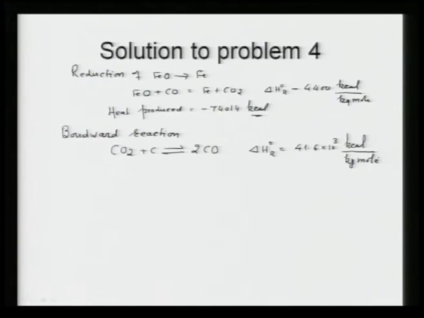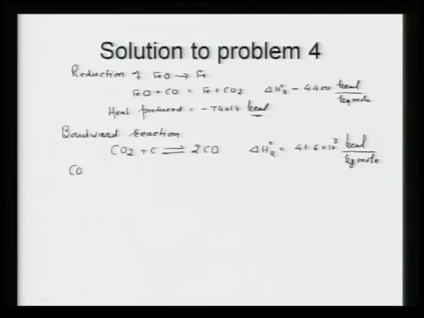Now, we have to find out from the exit gas how much CO2 is being reduced by carbon. So, first of all, we have to find out CO2 in exit gas. That is straightforward. We know the percentage CO2 and the total amount of gas, so CO2 in exit gas is 27.64 kg mole, the amount of gas multiplied by its percent.